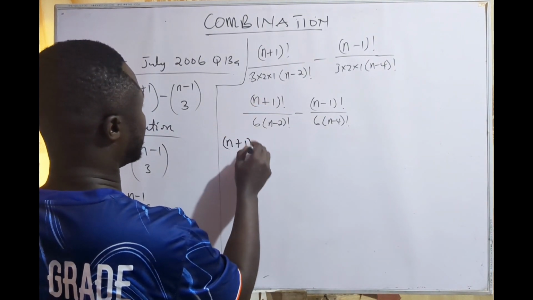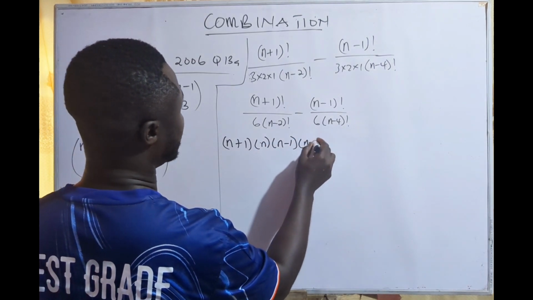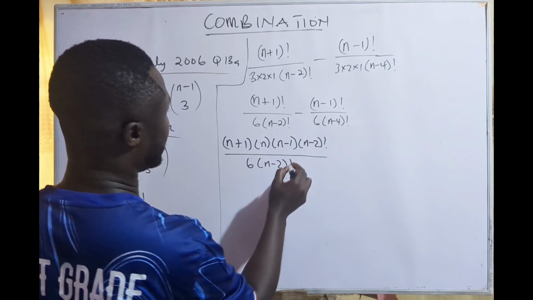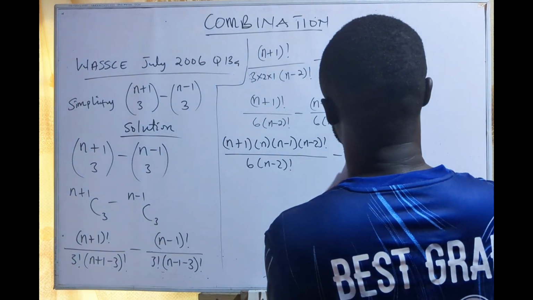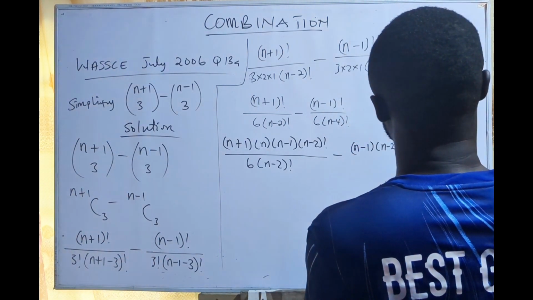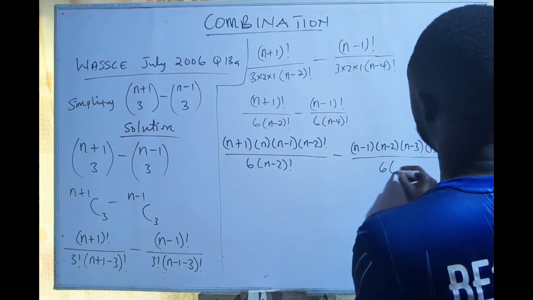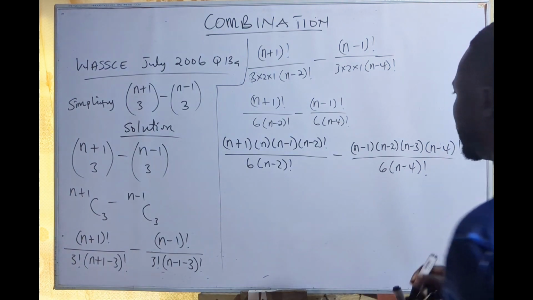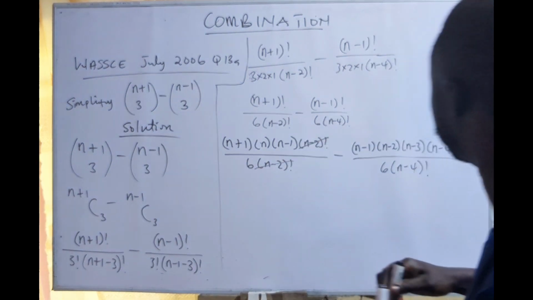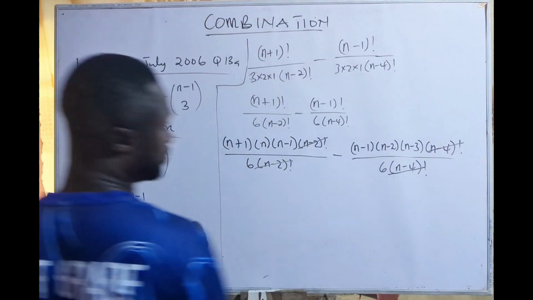N plus 1 multiplying n, n minus 1 and then n minus 2 all factorial, over 6 n minus 2 all factorial, minus n minus 1 n minus 2 n minus 3 n minus 4 all factorial divided by 6 multiplying n minus 4 all factorial. You see, so that the n minus 2 factorial here can cancel, and then my n minus 4 factorial can cancel.